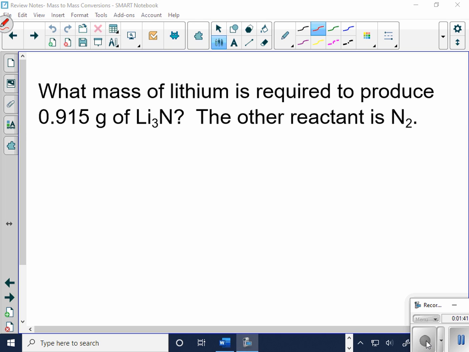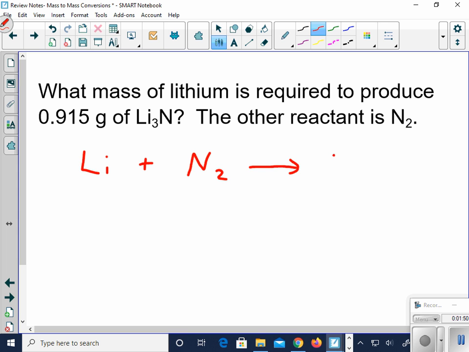It says lithium reacts with nitrogen to produce lithium nitride. Now, I need to balance that chemical equation. I'm going to start with balancing my nitrogen, and that will give me 6 lithium there. So the second step was to balance the equation.